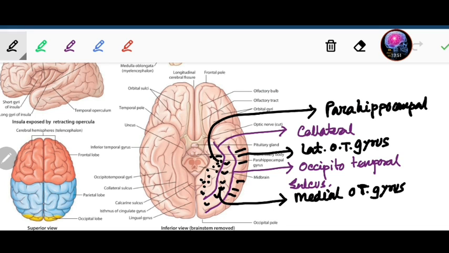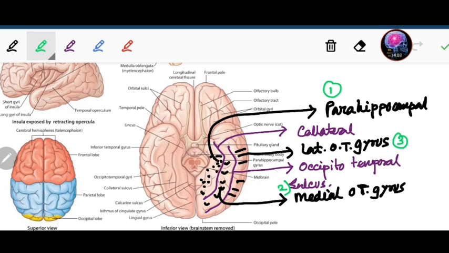So from medial to lateral: parahippocampal most medially, medial occipito-temporal gyrus next to it, and lateral occipito-temporal gyrus most laterally.